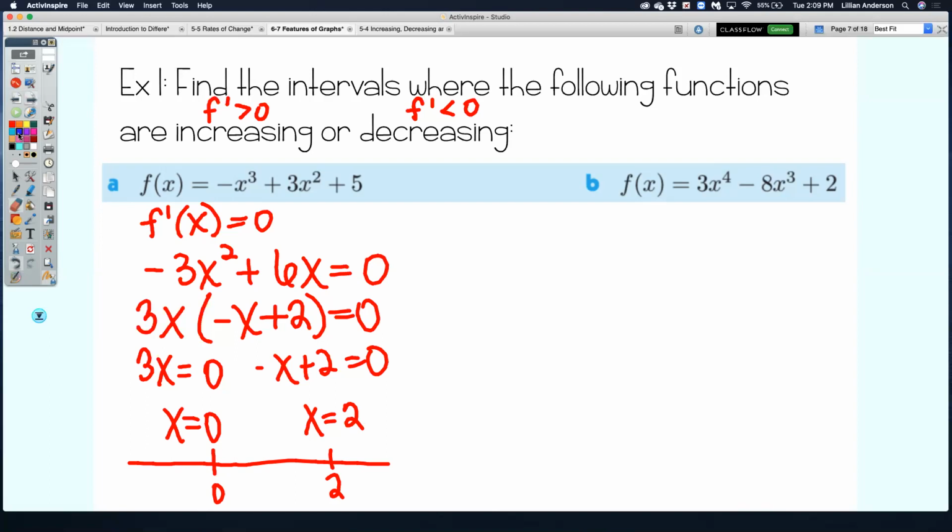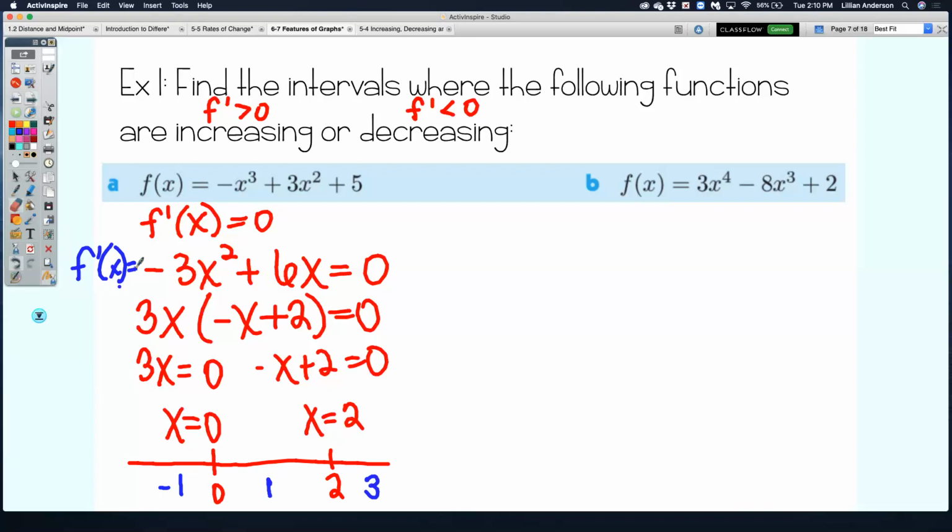What's a value that's less than 0? -1. What's a value in between 0 and 2? 1. What's a value that's greater than 2? 3. You plug each of those values into your first derivative, because again, where the first derivative is positive is where it's increasing, and negative is where it's decreasing.